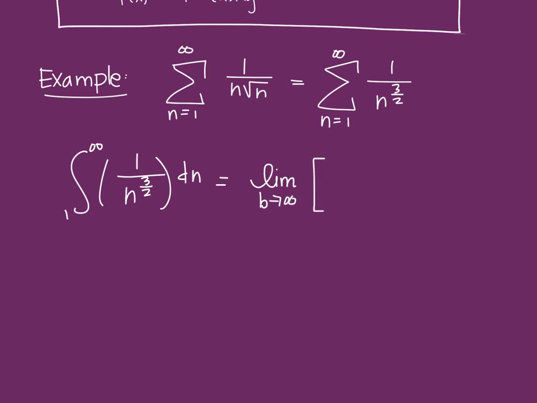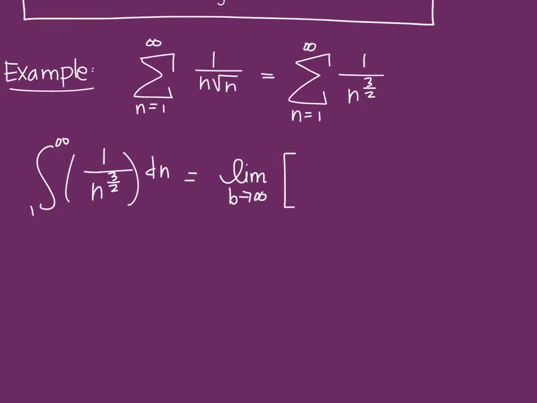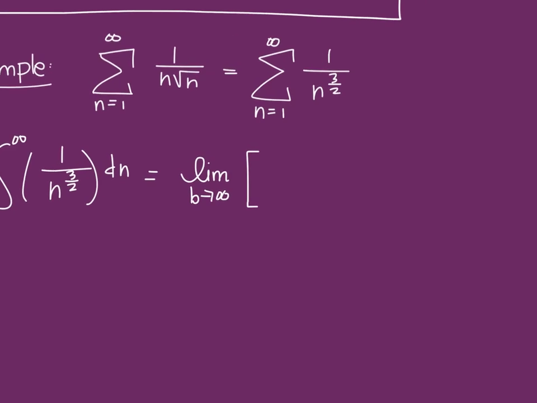What is the antiderivative of 1 over n to the 3 halves? Remember, this is n to the negative 3 over 2. So raise your power. So it's n to the negative 1 over 2 times negative 2 plus our constant c, going from bounds of 1 to b.